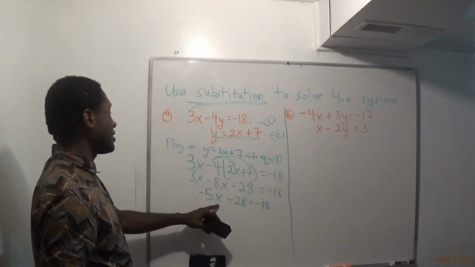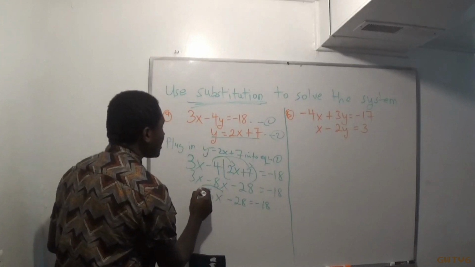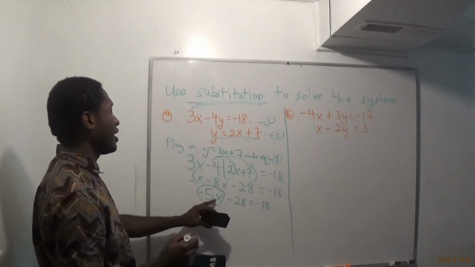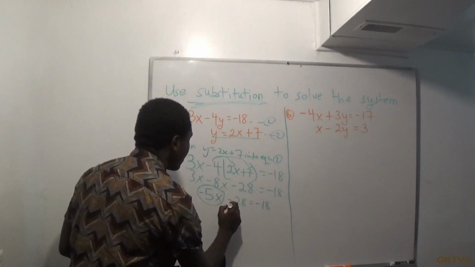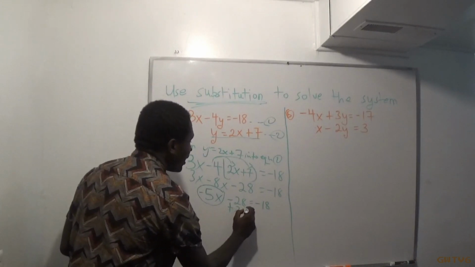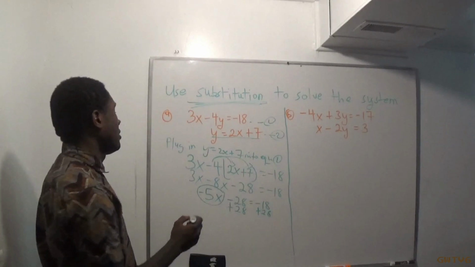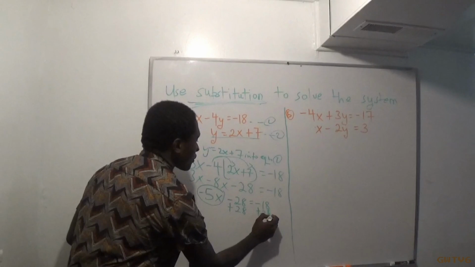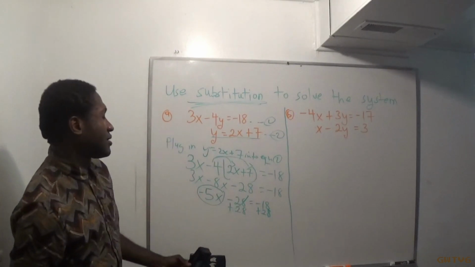I'm solving for x, but I have a number with the x. So I want to have that by itself first before I can solve for the x. So that means now I've got to get rid of the negative 28. So I do the opposite to get rid of it. So I add 28. Whatever I do on one side, I do the same thing on the other side. Negative 28 plus 28, that will cancel.